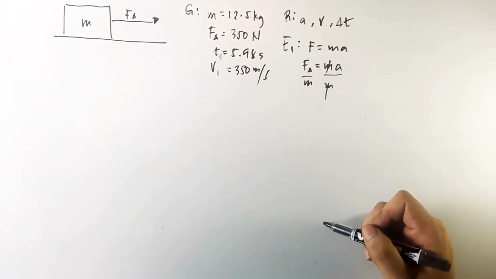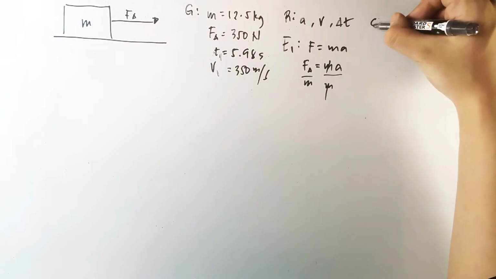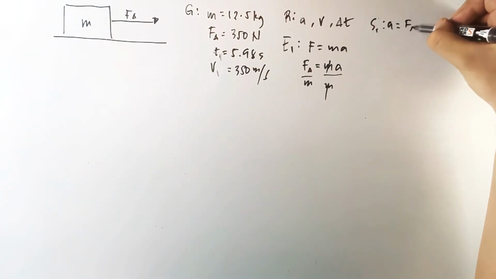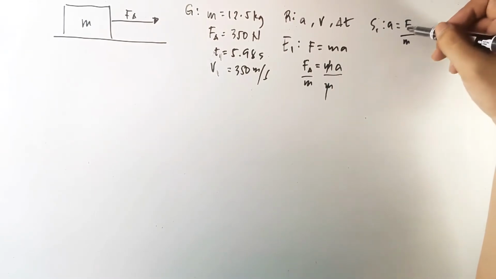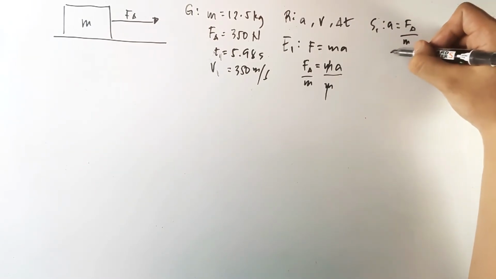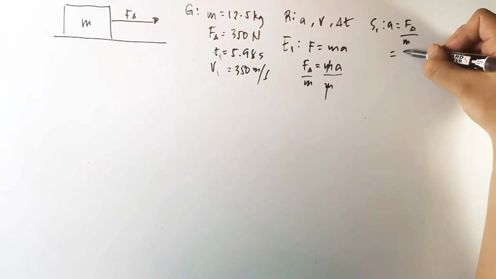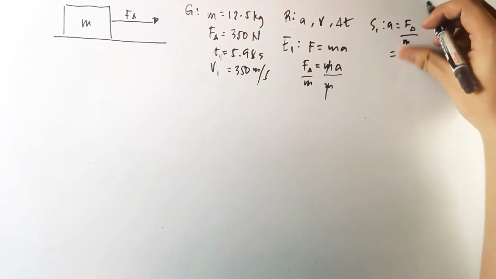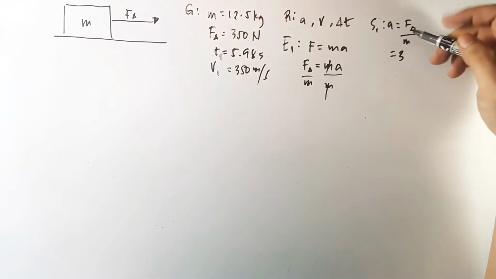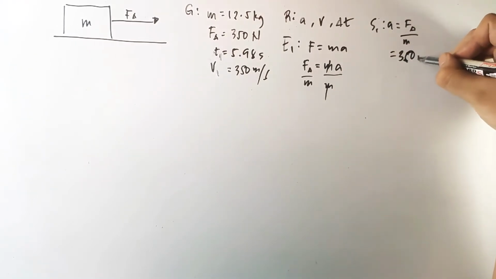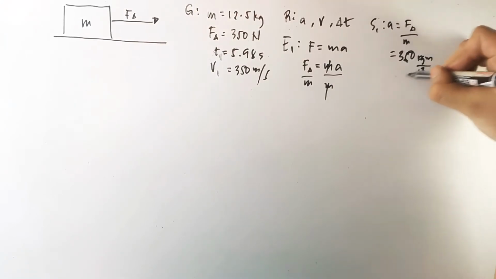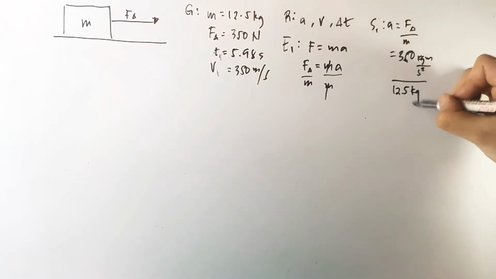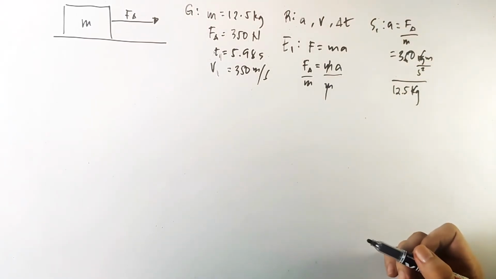Then for our solution, a is equal to F sub a over m, which is 350 newtons. You can break this down to kilogram meter per second squared to show the cancellation of units, divided by our mass, 12.5 kilograms. So cancel this.